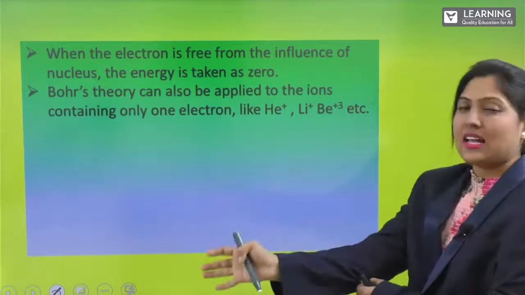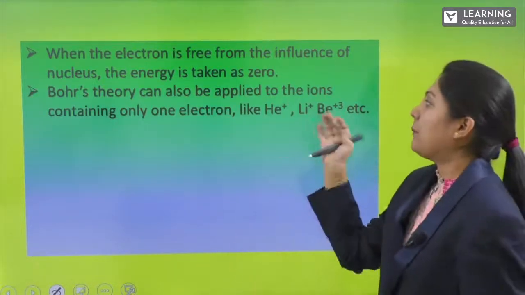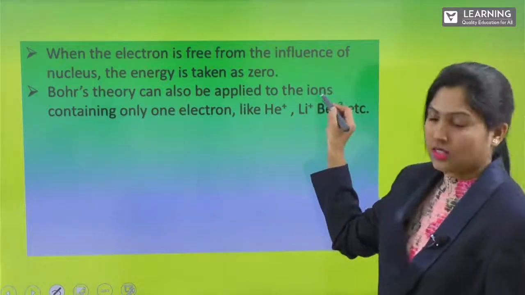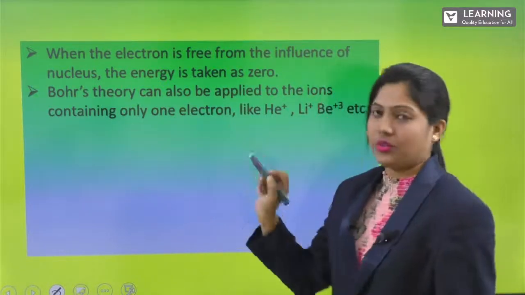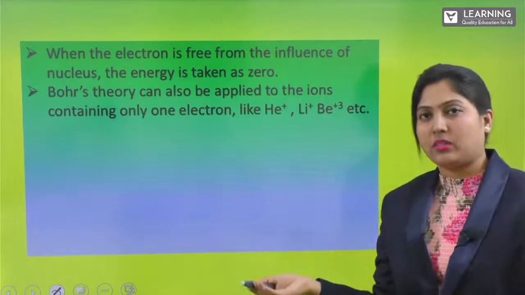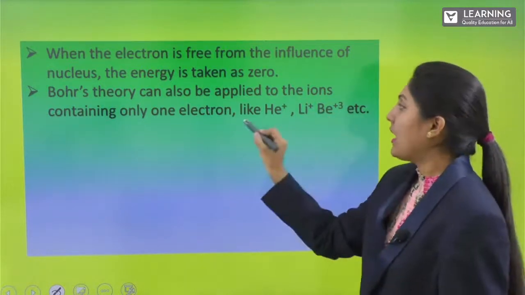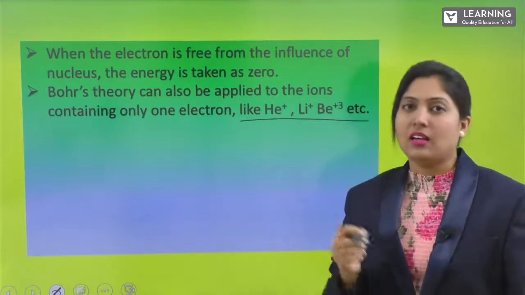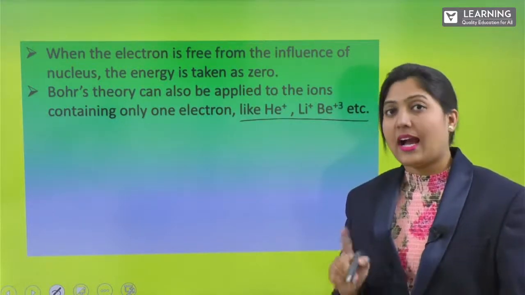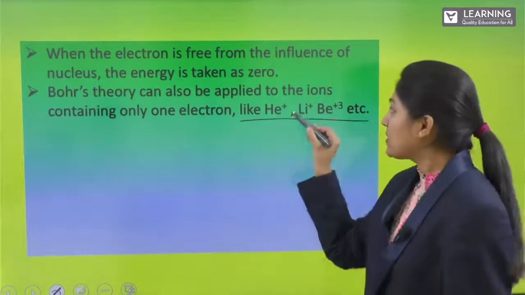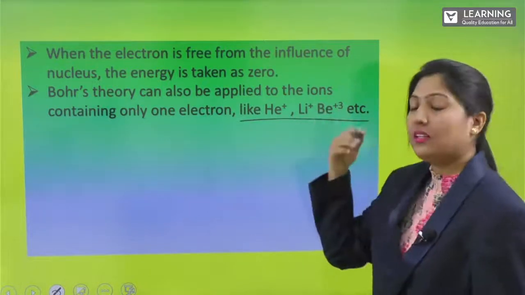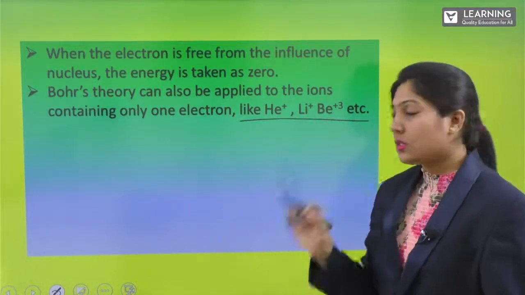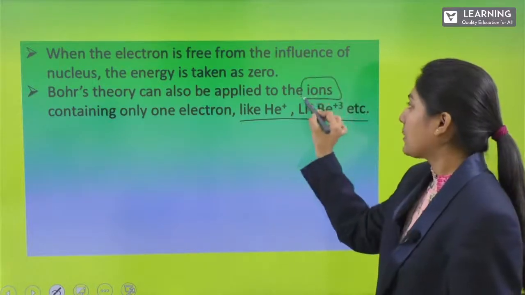Bohr's theory, as we can see, has been applied to ions containing only one electron. As I said, helium and lithium ions, if they have one electron, that is applicable for those hydrogen-like ions. You should not say hydrogen-like atoms because they have a positive charge on them by losing electrons. So we should mention them as ions.